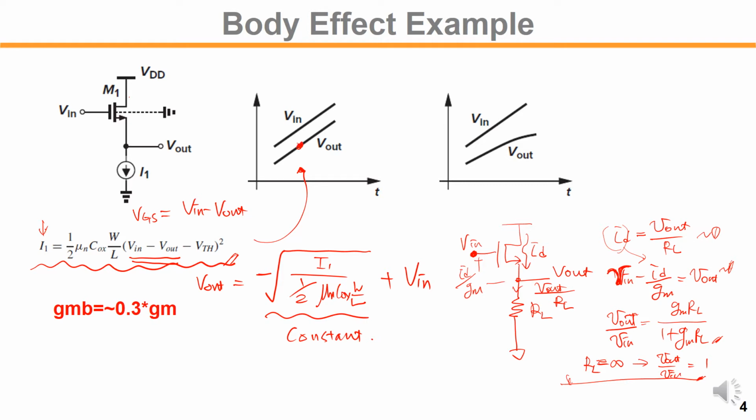At some operating point, at this certain voltage relationship, you can find the gm transconductance, right? That value is extracted based on the actual gate and source.